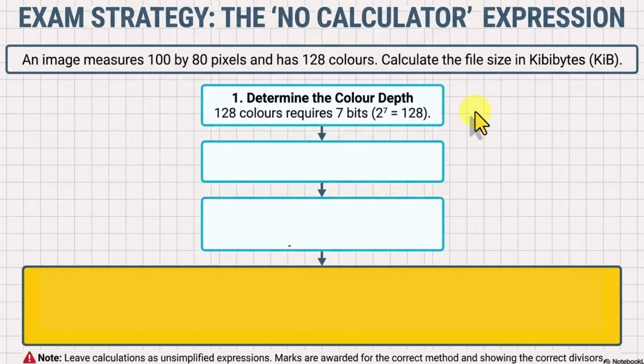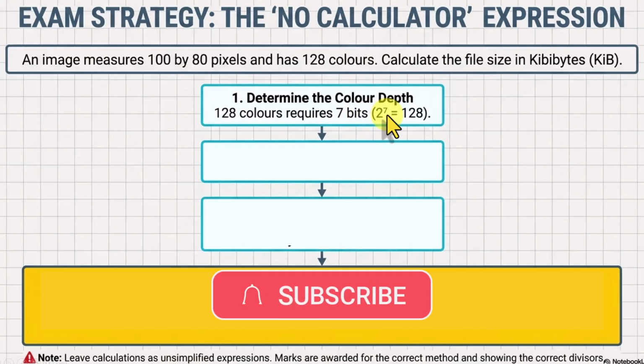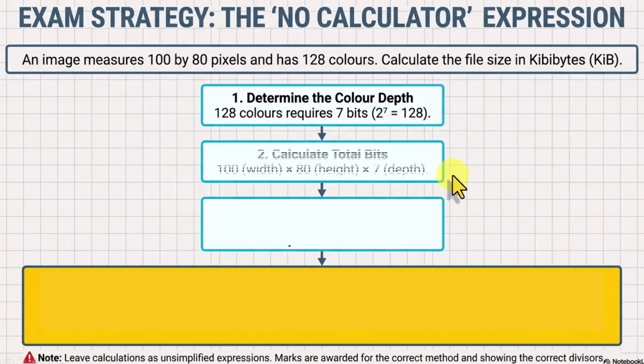First, determine the color depth. 128 colors requires 7 bits, since 2 to the power of 7 is 128. So the color depth is 7. Then calculate total bits: 100 by 80 pixels is the number of pixels, and our color depth is 7, so 100 multiplied by 80 multiplied by 7 is the number of bits.